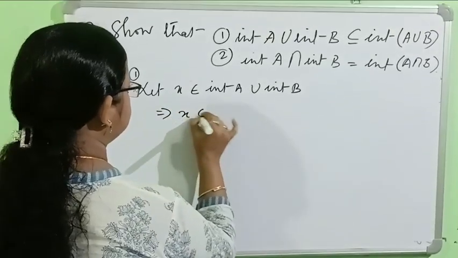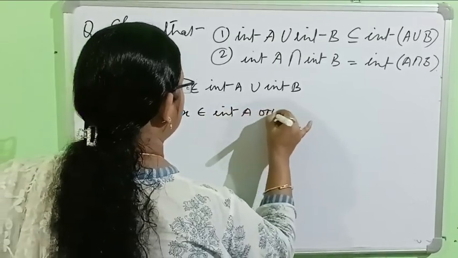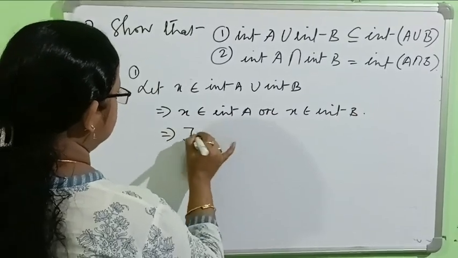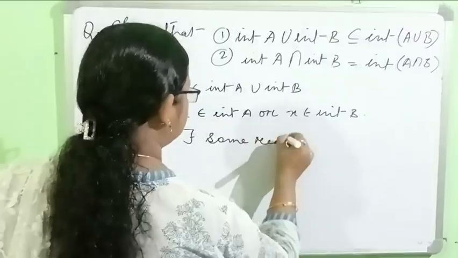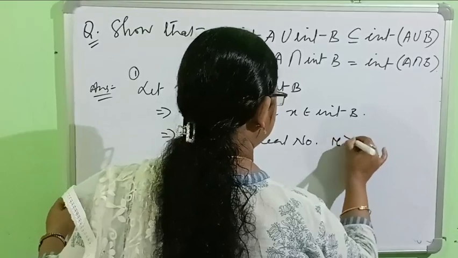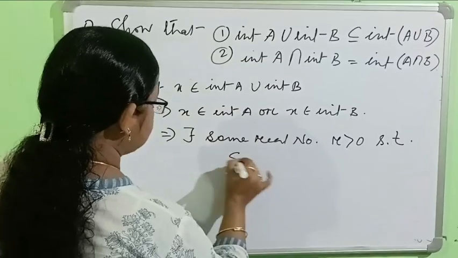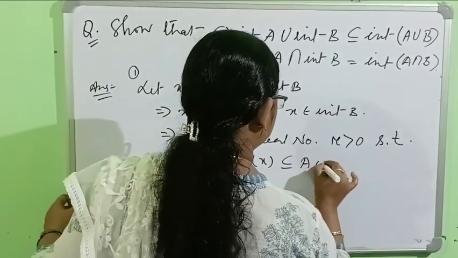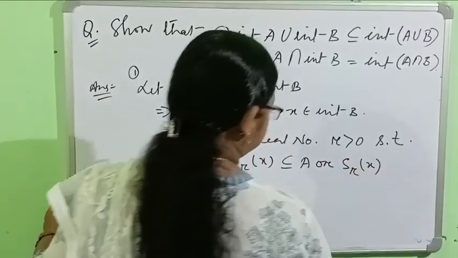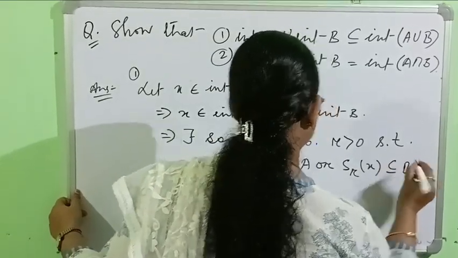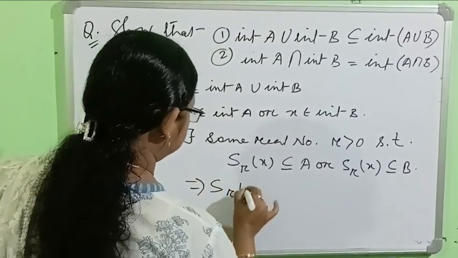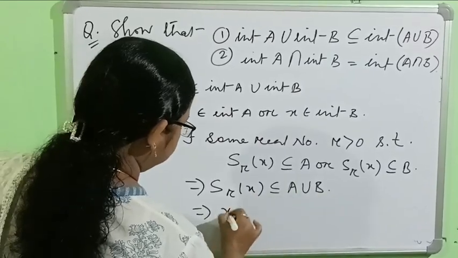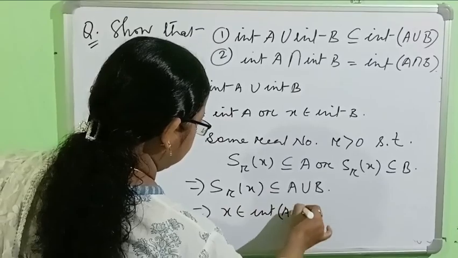This implies x belongs to interior of A or x belongs to interior of B. That means there exists some real number r greater than 0 such that the open sphere S_r(x), center at x and radius r, is contained in A, or the open sphere center at x radius r is contained in B. That means this open sphere S_r(x) is contained in A union B. That means x belongs to interior of A union B.